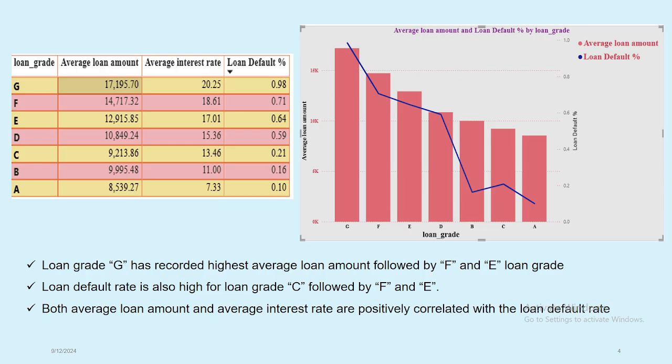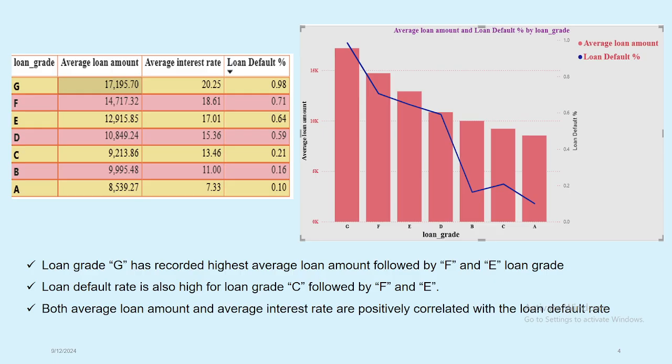I have also plotted a column graph. Here the vertical bars represent the average loan amount across the loan grades, and the blue trend line represents the loan default rate across the loan grades.